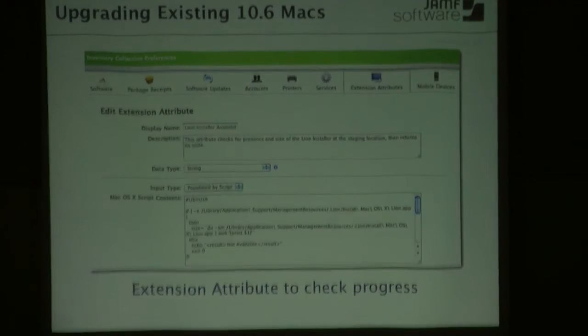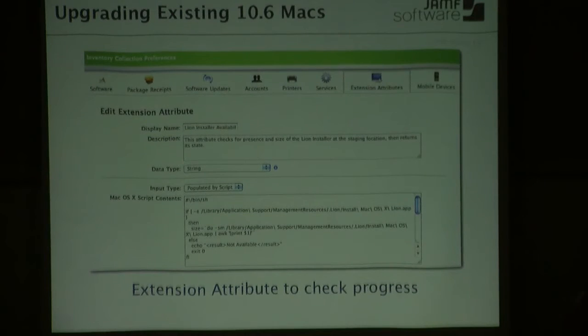So one thing to take into consideration there is when you create a group and you look at distributing out this application, you want to ensure the application is fully there before trying to run it. So what we have here is an extension attribute. Everybody familiar with extension attributes? They're a customizable inventory field.